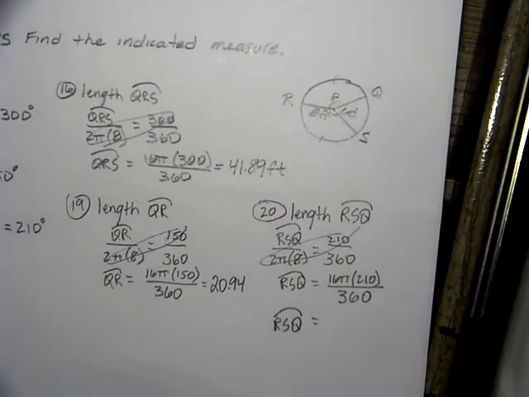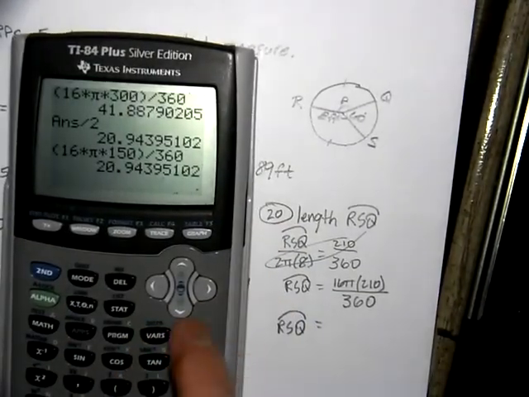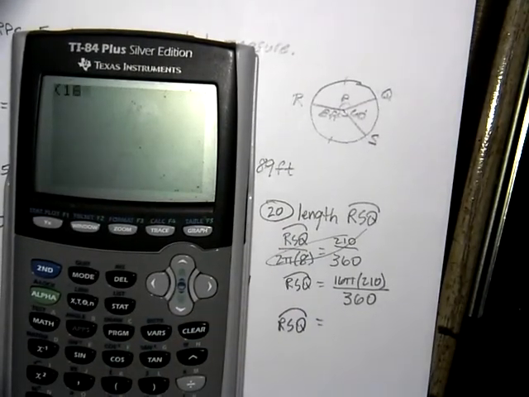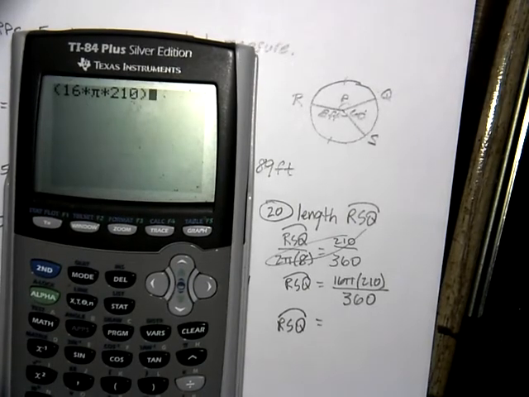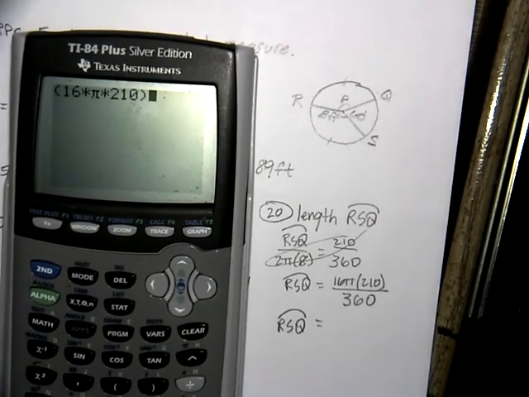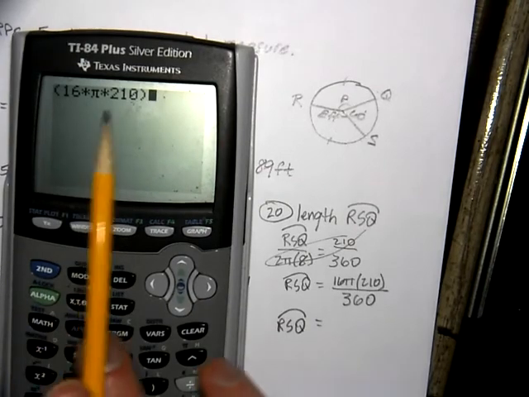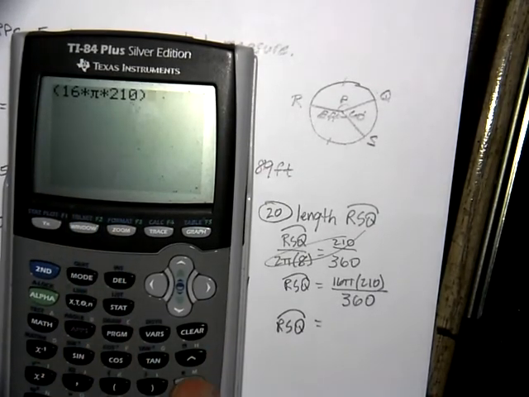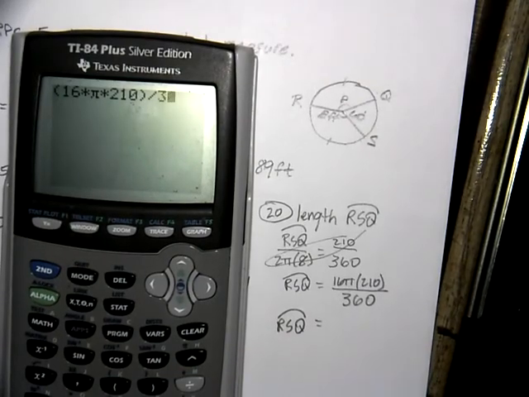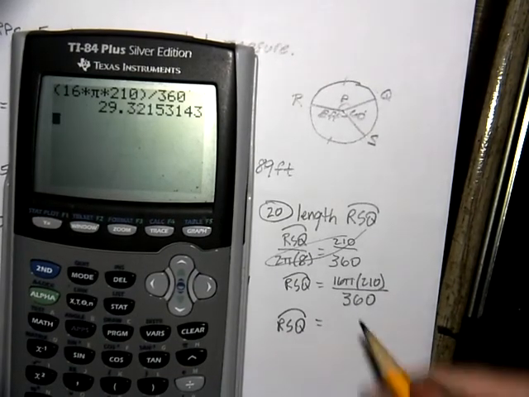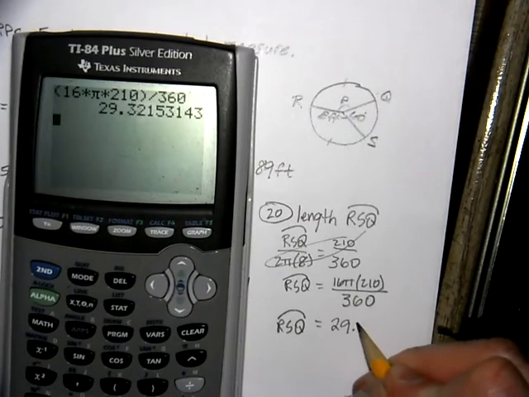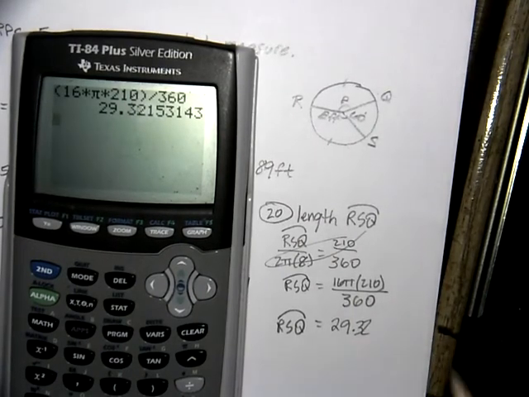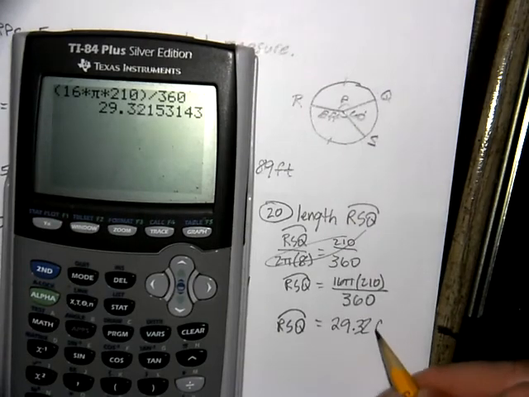So using our calculator, 16 times pi times 210, that's the numerator. You don't really need parentheses for a lot of these because order of operations would multiply straight through, but it just keeps things safe. 360, which is 29.32. And this would be in feet.